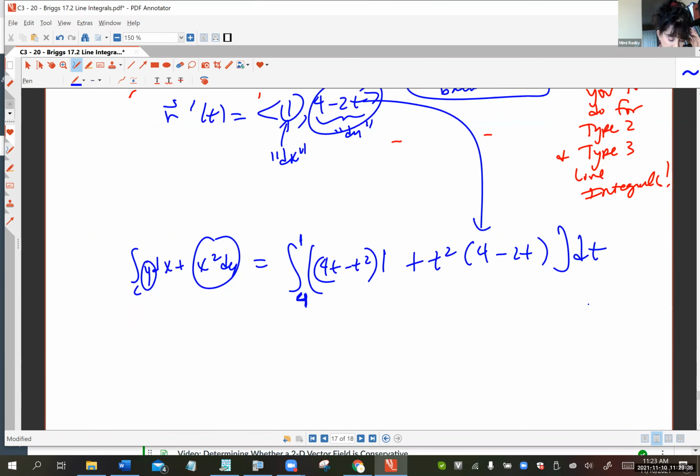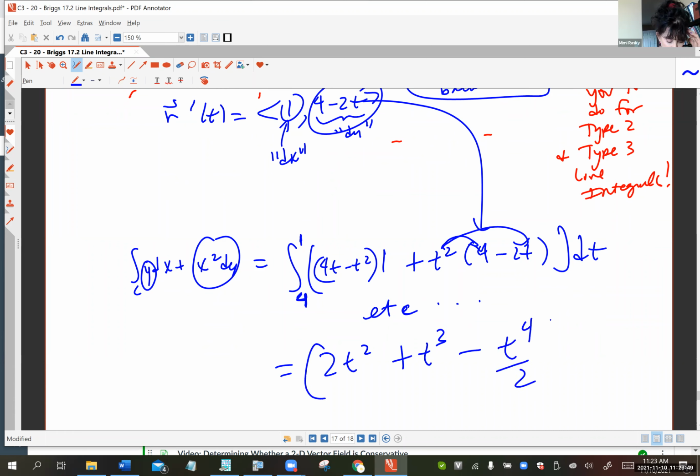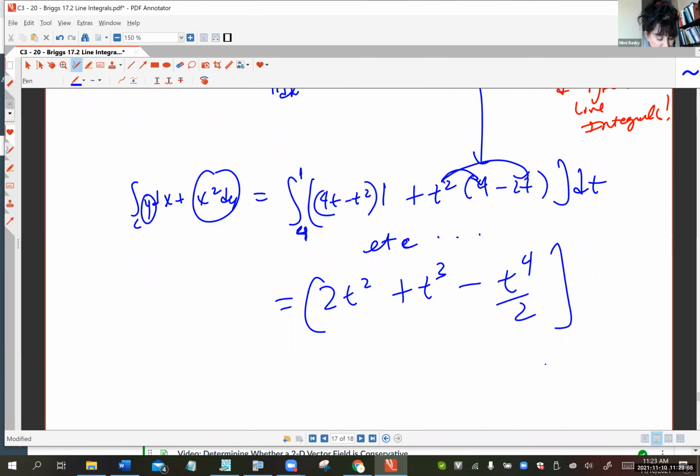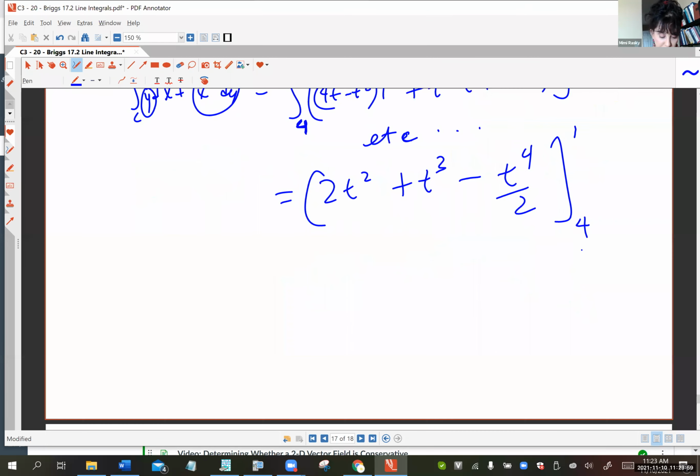Okay. And then this is pretty easy to integrate. You may want to distribute your t squared. I'll just put et cetera, et cetera. I'll get to the antiderivative after I did the cleanup. It looks like this. Skipping some steps here, but I think you can do some arithmetic and so on. And then integrate. And so here is your antiderivative, and you're going to evaluate it between the limits of 4 and 1.